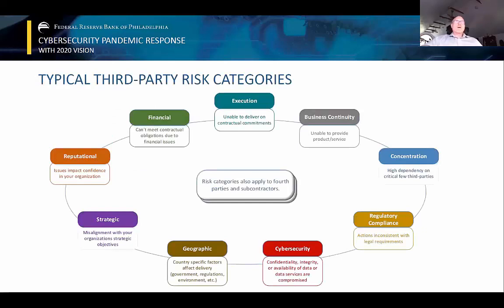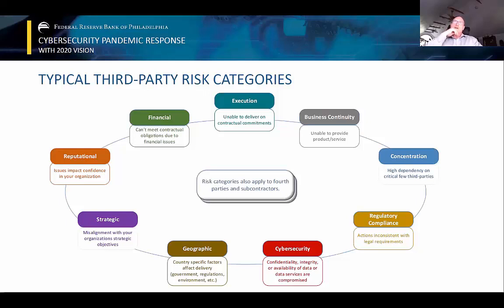So let's kick it off with some typical third-party risk categories. We've got such a large number of risk categories within third party, and there are a lot of interrelationships between them, so I'm not going to read all of them. Some big ones are strategic, financial and reputational risks, and a lot of the others fall into operational risk categories.